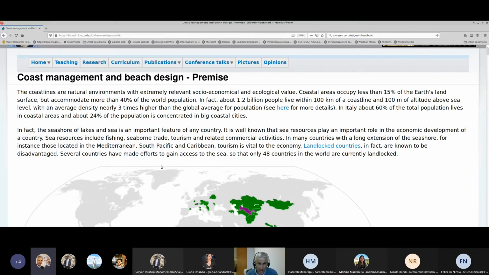Coastal areas occupy less than 15% of the Earth's land surface, but accommodate more than 40% of the population. About 1.2 billion people live within 100 kilometers from a coastline and 100 meters of elevation.